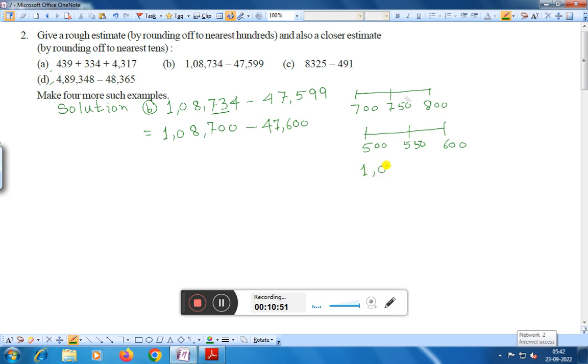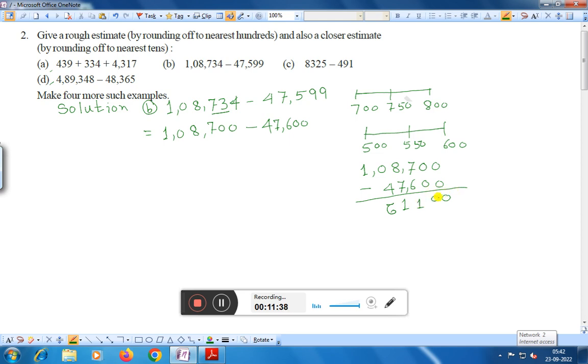108,700 minus 47,600. If we subtract this number, we are getting 61,100.